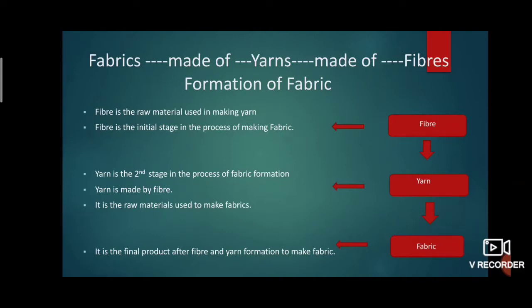Then the second stage is yarn. Yarn is the second stage in the process of fabric formation. Yarn is made from fiber. It is also a raw material used to make fabric. Like fiber, yarn is also a raw material used to make fabric.